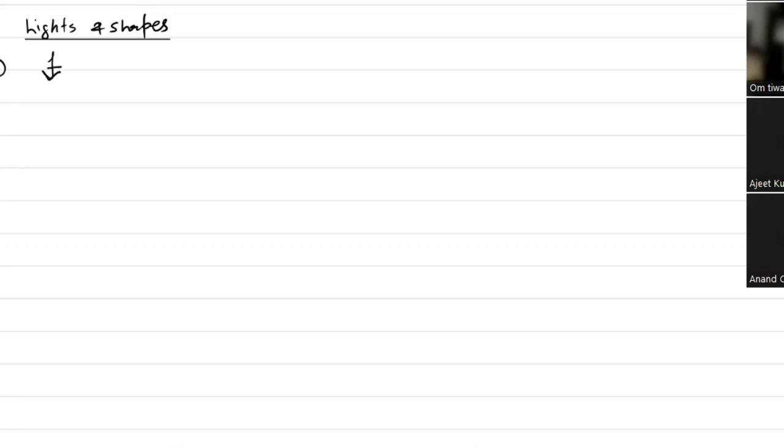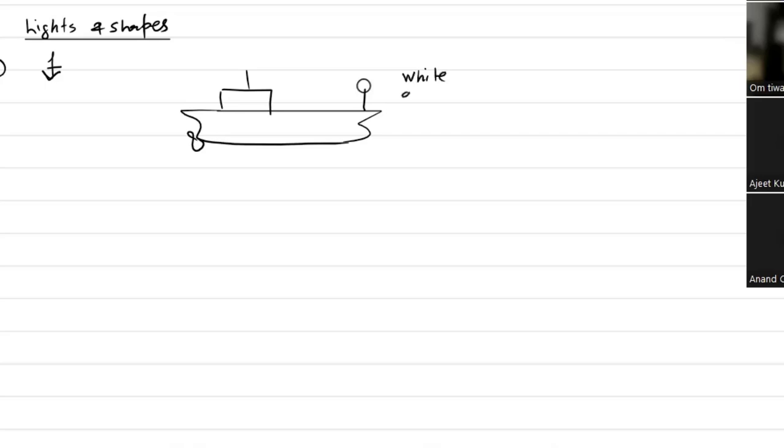With the help of this diagram, let me explain. Suppose this is the vessel, and aft I'm showing with this propeller shape. If the vessel is less than 50 meters, it is going to show one white all round light. That's it.